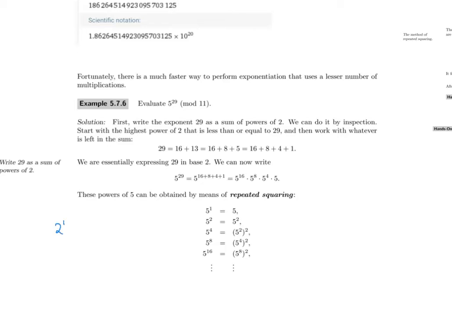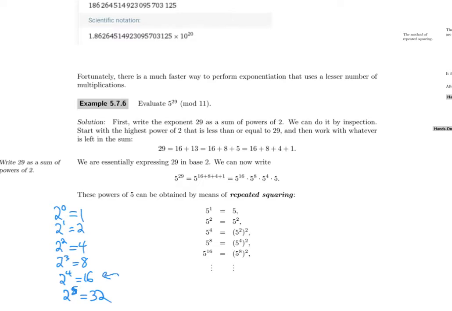So 2 to the first power is 2, 2 squared is 4, 2 to the third power is 8, 2 to the fourth is 16, 2 to the fifth is 32. That's actually more than enough of what I need. Oh, I should also include 2 to the 0, which is 1.